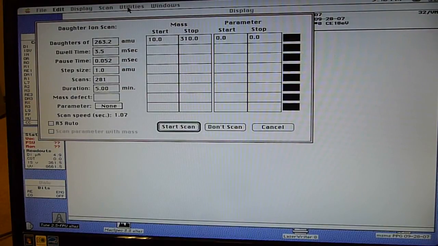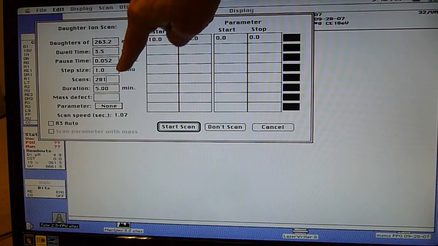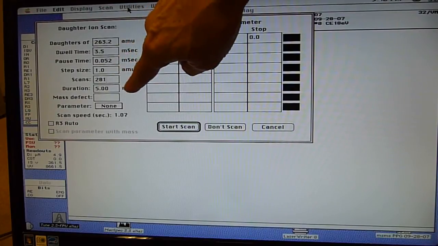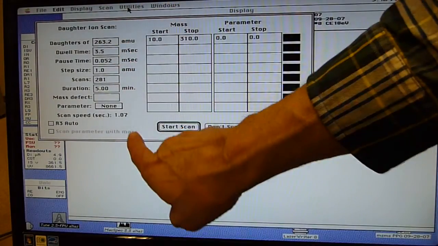So for the product ion scan, the SCIEX is set up so that Q1 allows through just the ions in the range of 263, and Q3 is scanning from 10 to 310 at 1 AMU steps, roughly 1 scan a second.